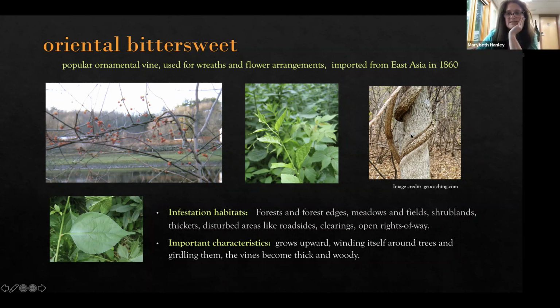And this photo on the right shows what it can do once it becomes mature. The stems become very thick, and they can girdle trees, and they'll literally just strangle the tree. You can find this in a bunch of different places, on the edge of a forest, within a forest, in a field, roadsides, and it becomes very thick and very woody.